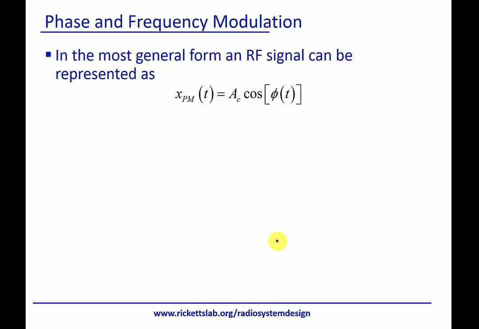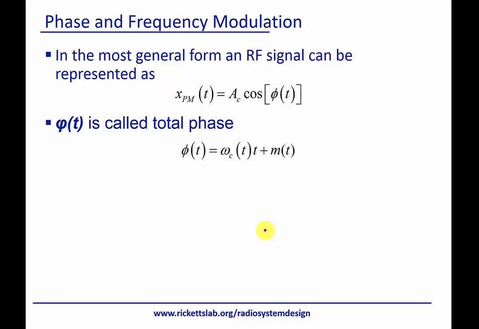Just want to point out, in the most general form, we can write an RF signal as cosine of phi of t, and phi of t is called the total phase. It can have a time-varying frequency, and it can have a time-varying phase. Initially, this is a little bit of a hard concept, because normally we think about phase as cosine of omega t plus phi, and we think that's our phase.